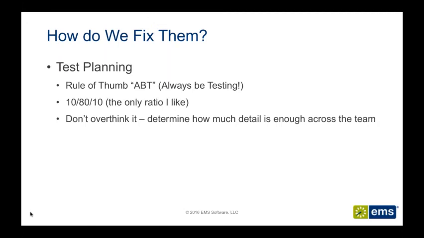This is somewhat of a lofty goal, because some of you may look at that 10% on the left and say, there's no way I can spend only 10% of my time writing tests. We'll meld that into our next topic, when we talk about how much is too much when we write detailed test cases.